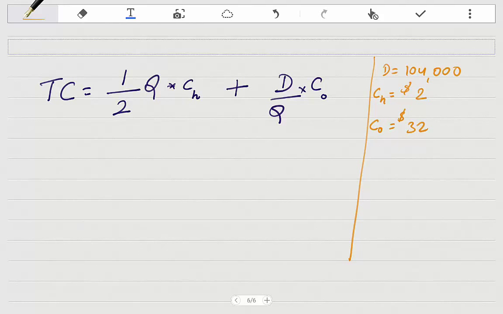Now suppose you decided that you're going to order Q equals 8,000 units every time. What would your total cost be?